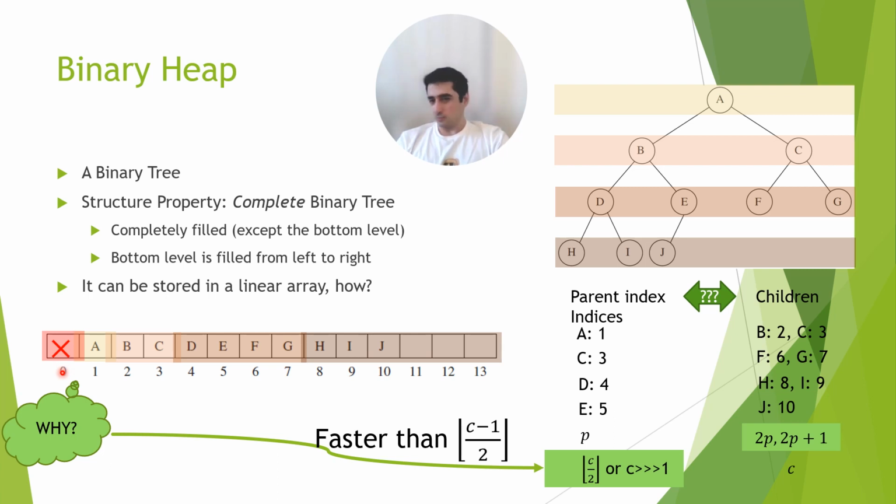In that case, the parent index formula would be C minus 1 over 2, which takes longer to calculate compared to just C divided by 2 or C shifted to the right by 1 bit. So the reason we keep index 0 empty is very deep. You don't need to be worried about that. But just remember, index 0 normally remains empty when you're implementing a binary heap.